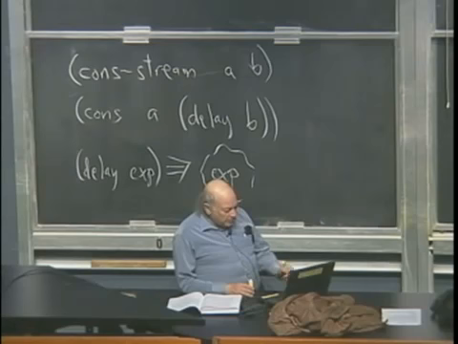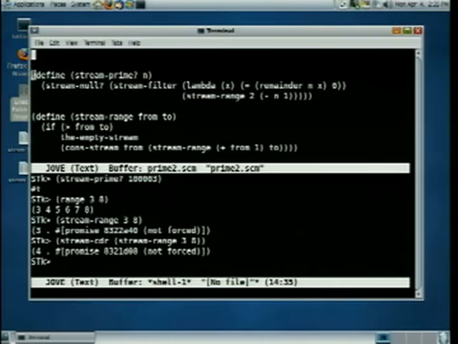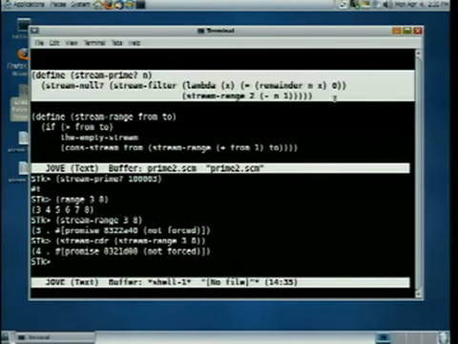Okay, so I want to back up here a minute and look at this, sort of the important procedure of this example. And I'd like to make sure you really appreciate what it is that we've done here.